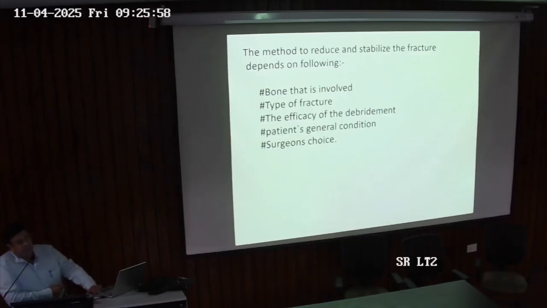So it is ideal that we mobilize the patient as soon as possible.